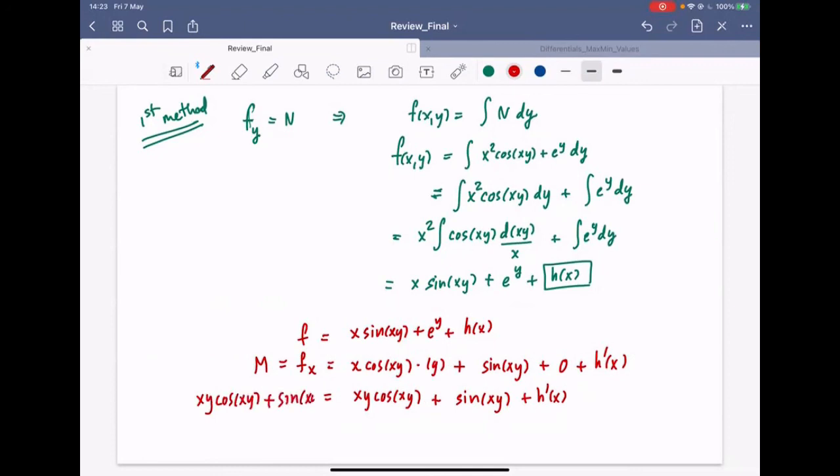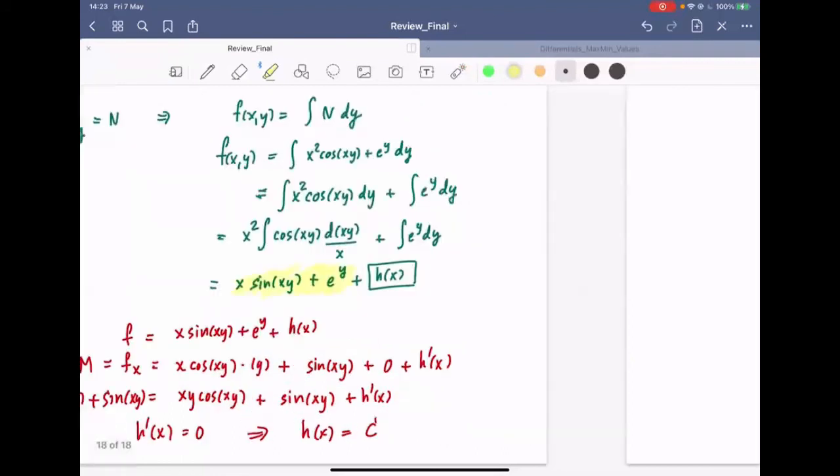All right, good. And that means your h prime x is 0. Basically your h is just a constant. This is completely a constant. Good. That means your function f at the end is going to be just the term that I highlighted in yellow here.